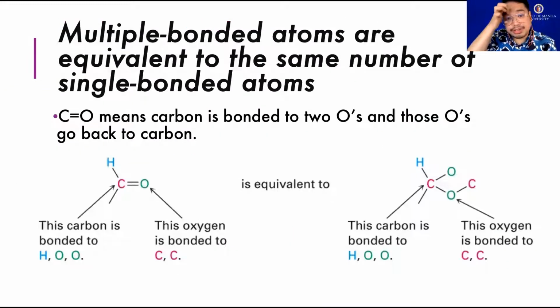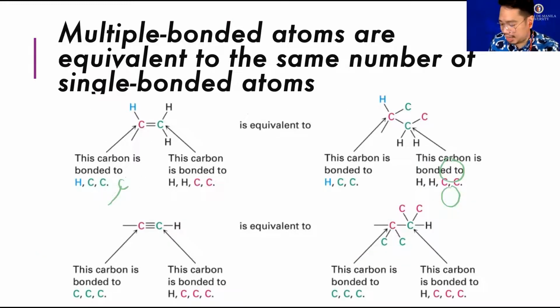There are other rules for interpreting double bonds. So if your carbon, for instance, contains a double bond to O, it's the same as having two oxygens. If your carbon has a triple bond to something, it's as if it has three bonds to this thing. So it has CCC as its card. Okay?